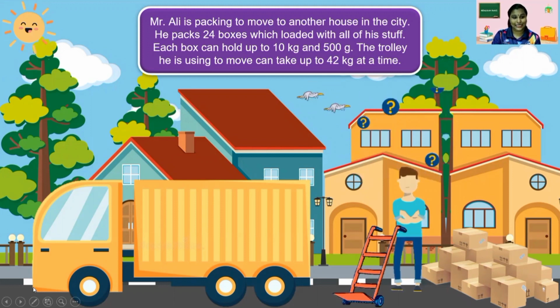The situation is Miss Ali is packing to move to another house in the city. He packs 24 boxes each loaded with all of his stuff. Each box can load up to 10 kg and 500 grams. The trolley he is using to move can take up to 42 kg at a time.